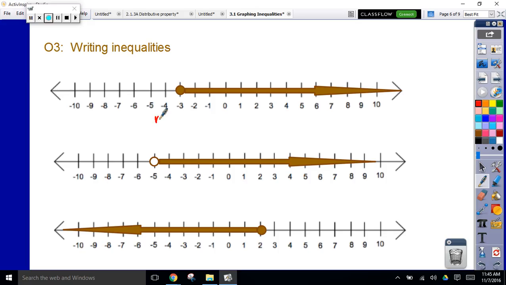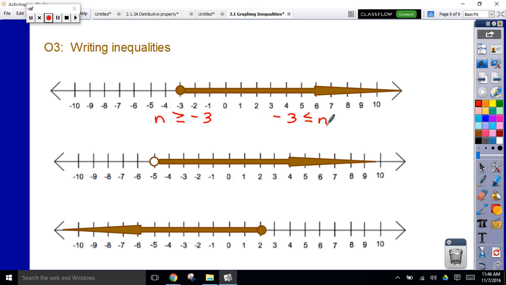So I'm going to say that N has to be greater than or equal to -3. I could also write this as -3 is less than or equal to N. In this case, I'm saying that this -3 is less than or equal to all of these N values.